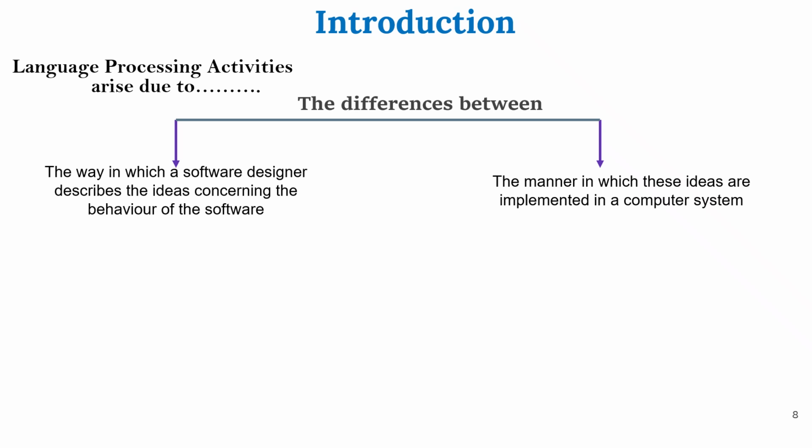So all these things become so difficult, and this is the reason we need various language processing activities. ये झमेले में अगर नहीं पढ़ना है तो language processing की ज़रूरत है.